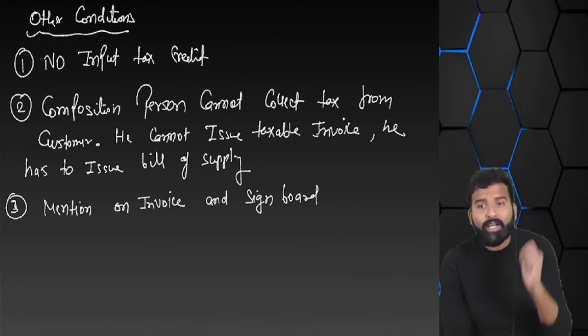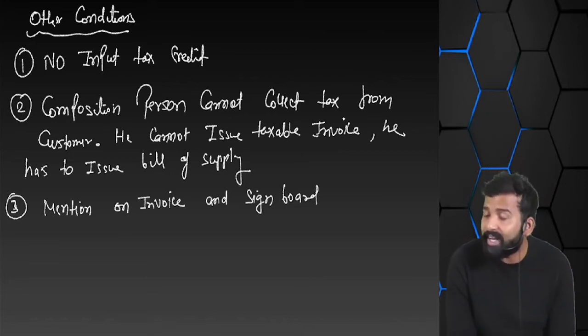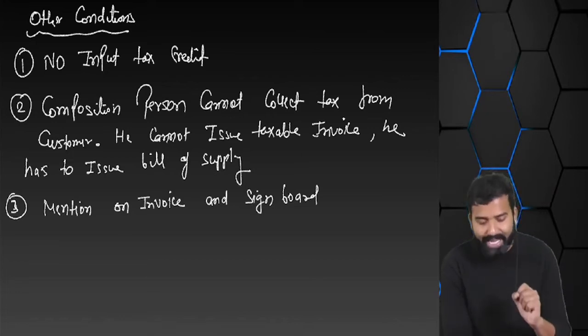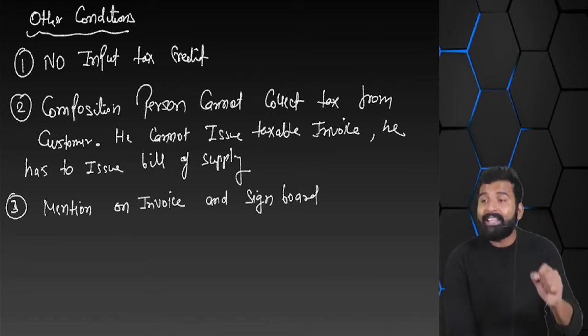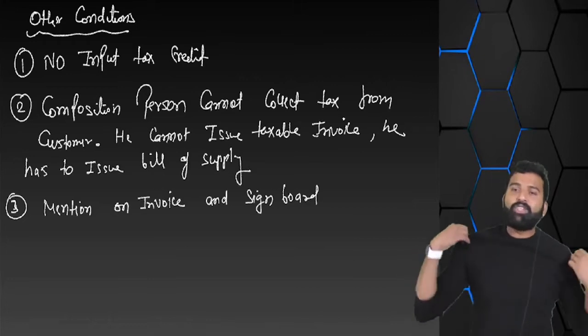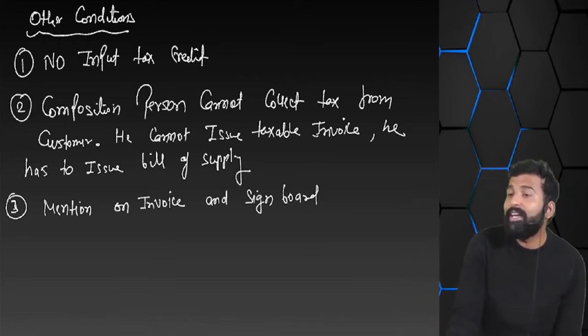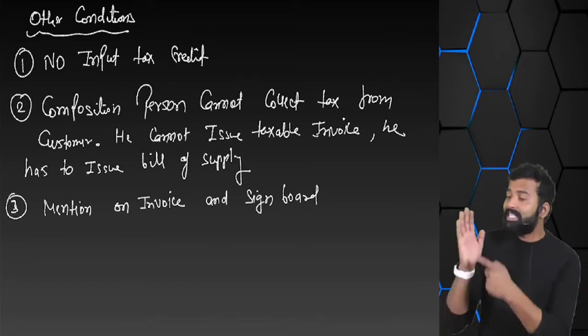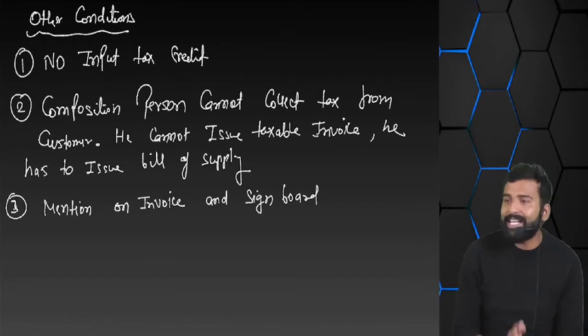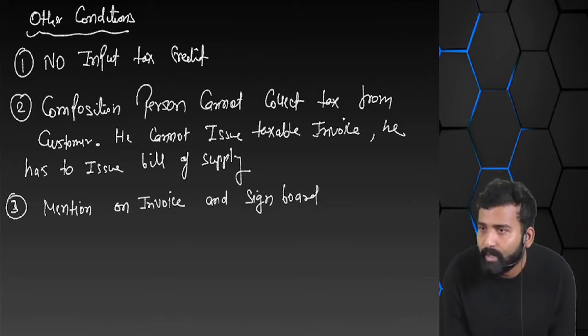So a composition dealer cannot collect tax from the customer, and that's why he has to mention in his invoice and signboard that he is a composition dealer. A student was asking me how we are able to know whether a person is a composition dealer or not. You can see in his invoice, in his signboard, he has to write that he is a composition dealer in his invoice also. Nice.